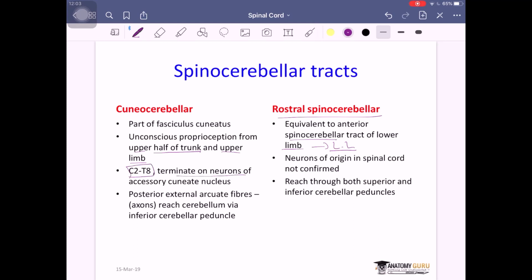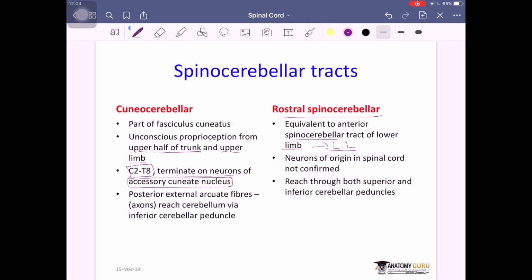Now this is C2 to T8, where the information is going. The neurons terminate on the accessory cuneate nucleus. You already have a cuneate nucleus which is busy with your cuneate fasciculus, your dorsal column pathway. Next to the cuneate nucleus you will have some more nuclei in the medulla oblongata, called the accessory cuneate nucleus.